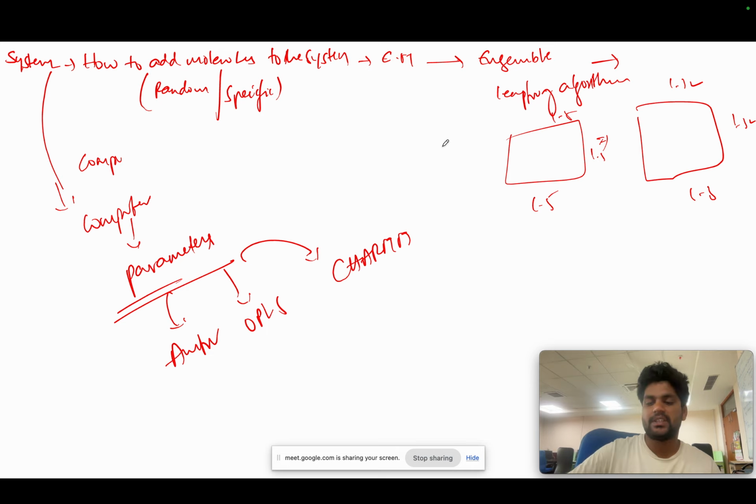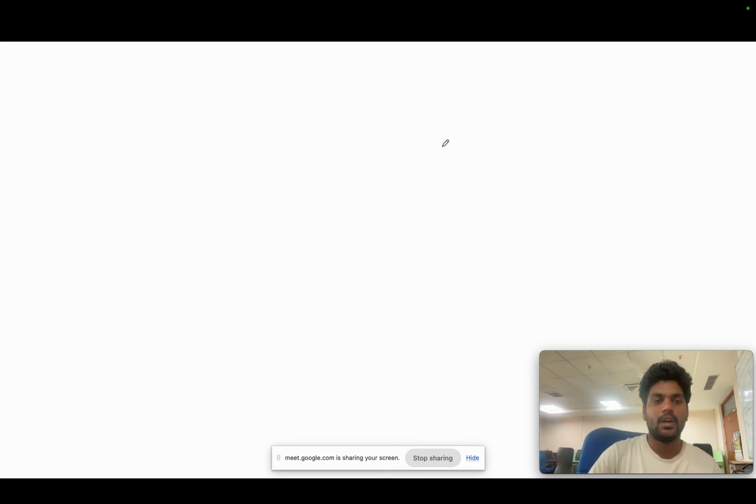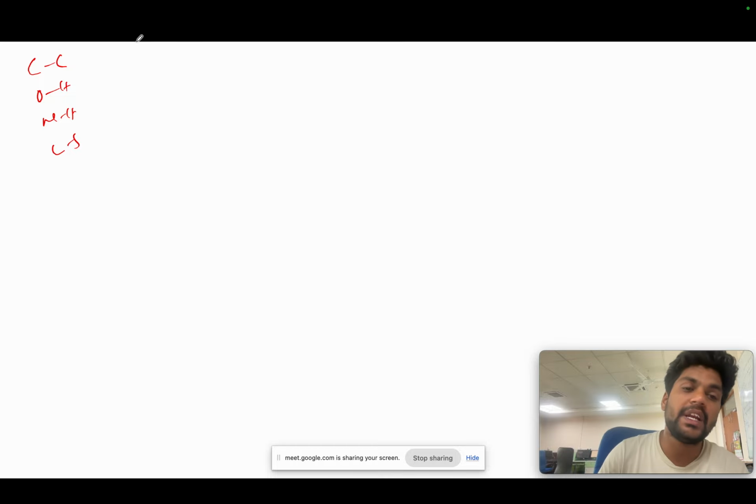So what does this parameter say? Suppose the bond between C and C is always constant, O and H is constant. So all these bonds are constant, right? That's why we are predefining the values of these bonds. Suppose the molecule is like this.